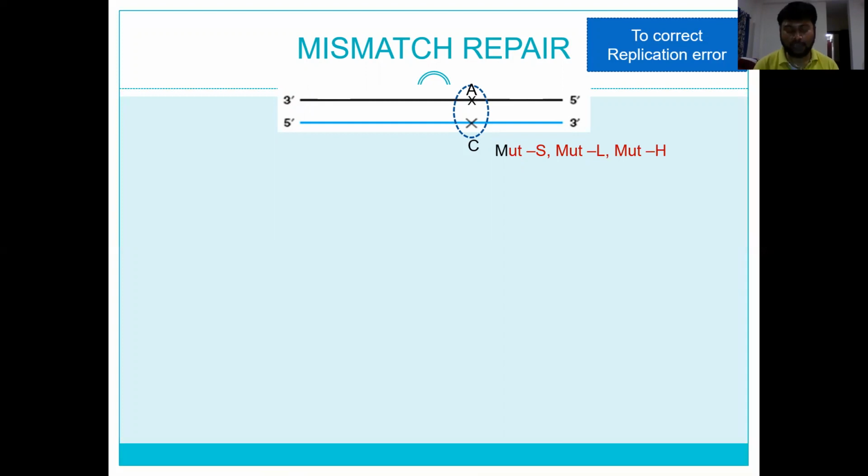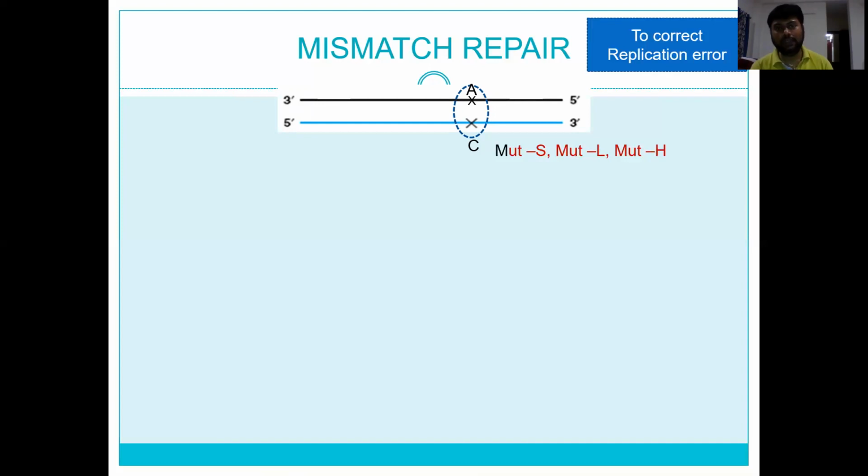How do we find that out? We all know that DNA replication is a semi-conservative process, which means one strand is a parent strand, the old strand, whereas the other strand is the newly synthesized strand. So if there is any error, it should be only in the newly synthesized strand. Next we have to find out which is the parent strand and which is the newly synthesized strand.